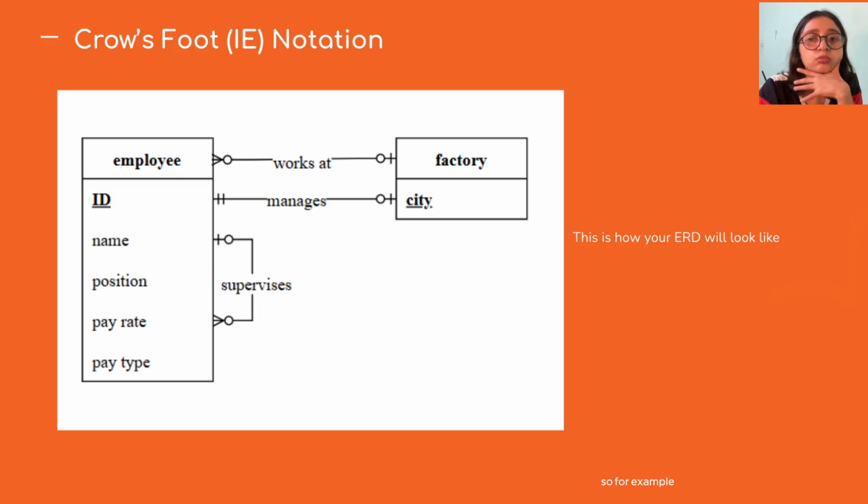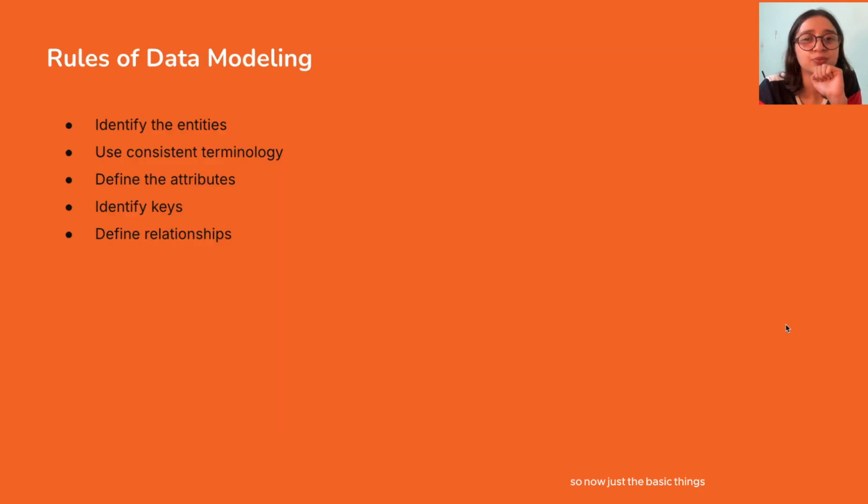So, for example, this is what your ERD will look like at the end of the day. Now, just the basic things. We defined entity, we understood the relationship, we understood the modality, and also we understood the different notation to represent the things that we learned. Now, there are simple rules that we need to keep in mind while we design our database. We need to identify entities, and when we identify entities, we need to ensure that it has consistent terminology.